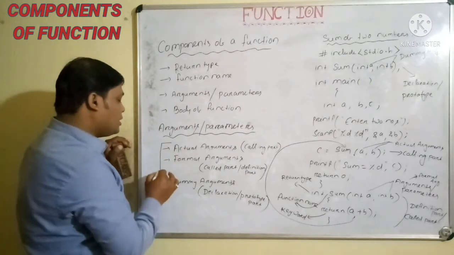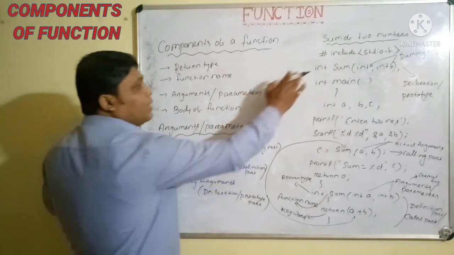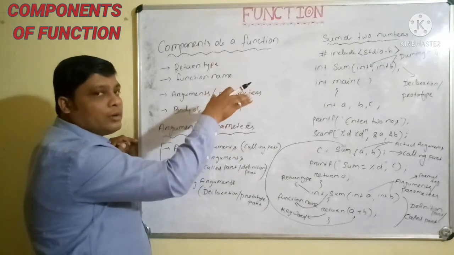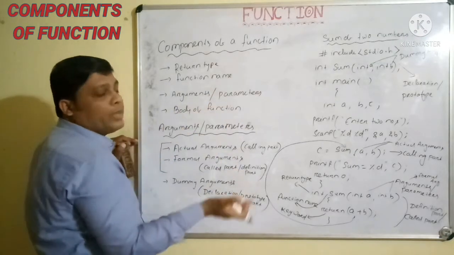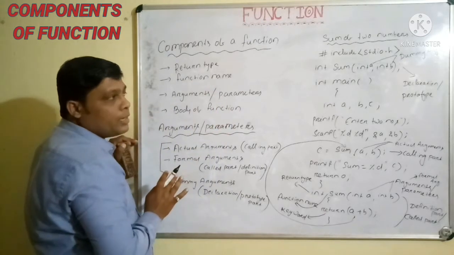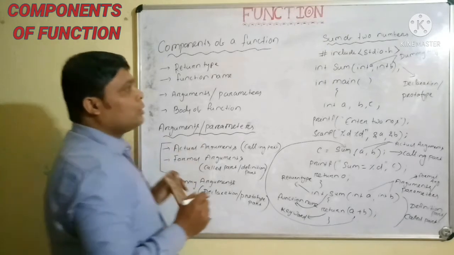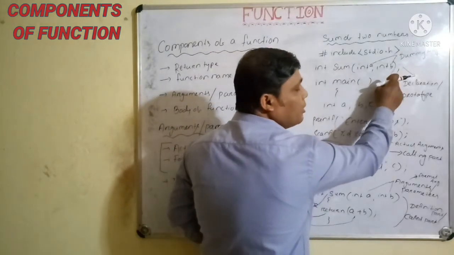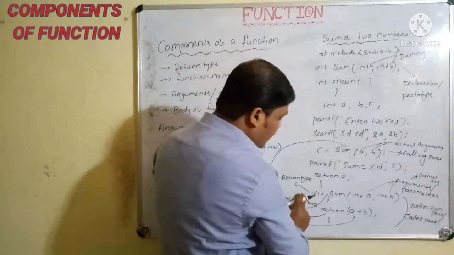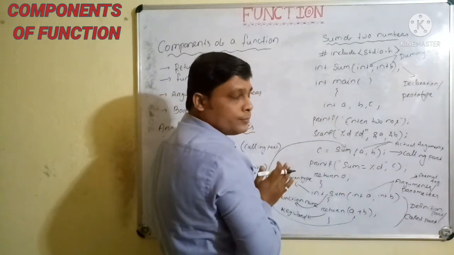So generally you will see the argument two types, but each argument present in this declaration part is called dummy argument because you may keep that argument or parameter or you may not. But that parameter type is compulsory or mandatory there. Clear? I have already told that in declaration part semicolon is mandatory. In calling part semicolon is mandatory. But in definition part there is no semicolon. Why? I have explained in previous videos.